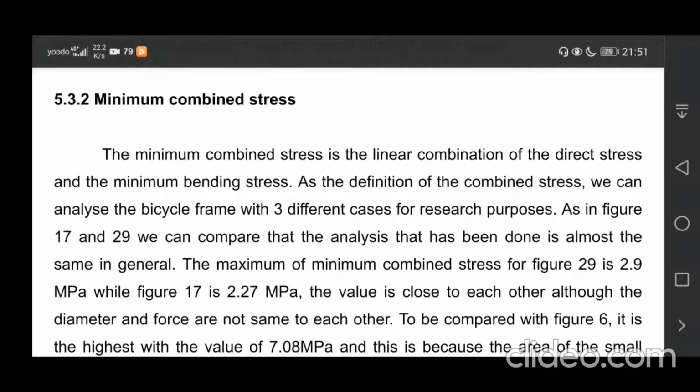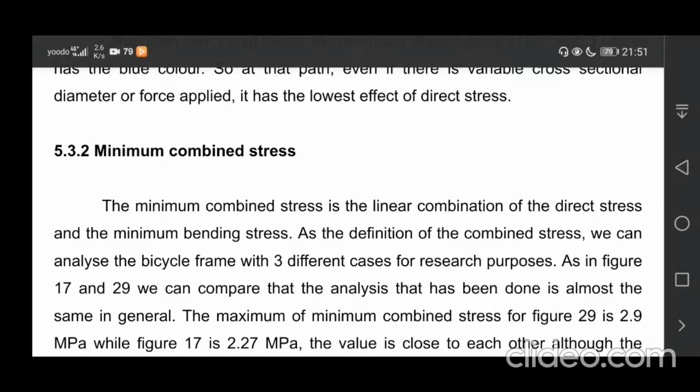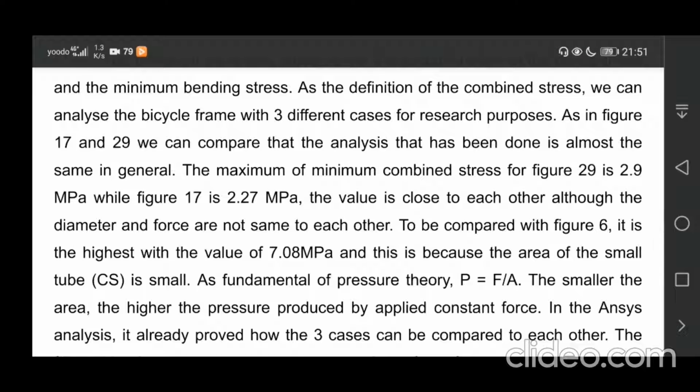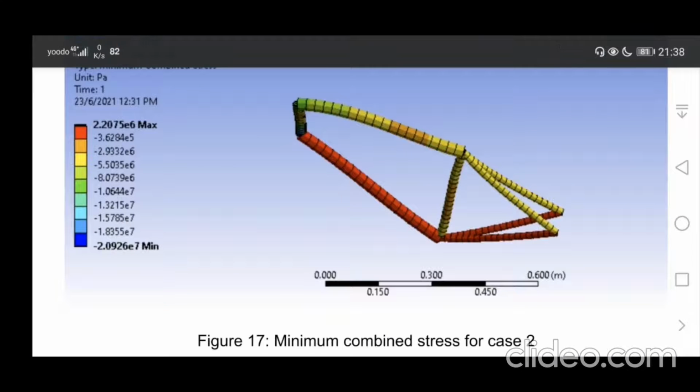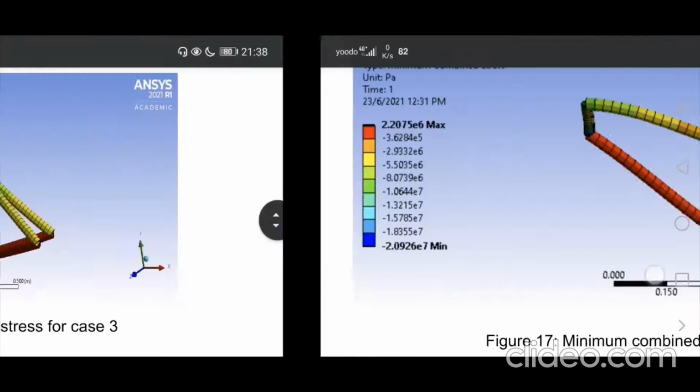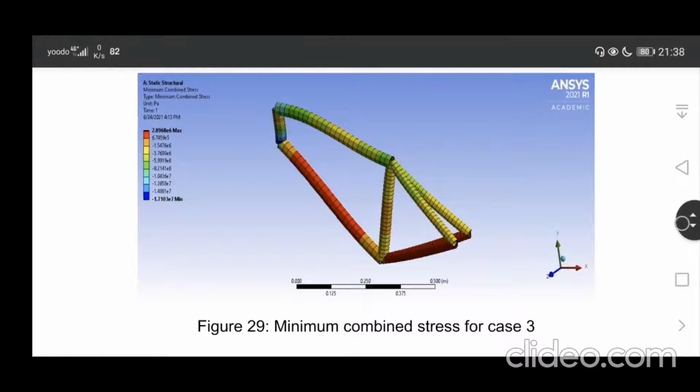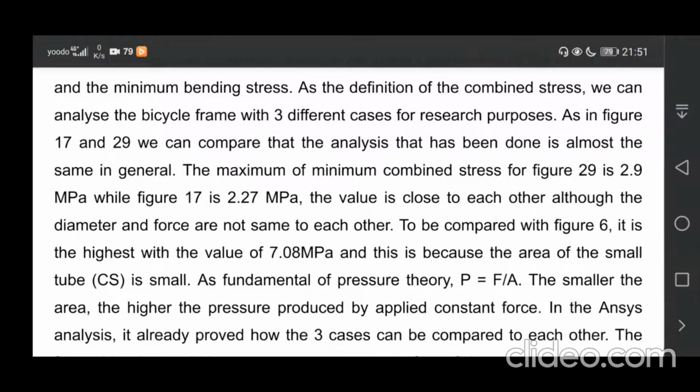Next is minimum combined stress. This is the linear combination of direct stress and the minimum bending stress. We have analyzed the bicycle frame with 3 different cases, as in figures 17 and 29, which are for case 2 and case 3 respectively.